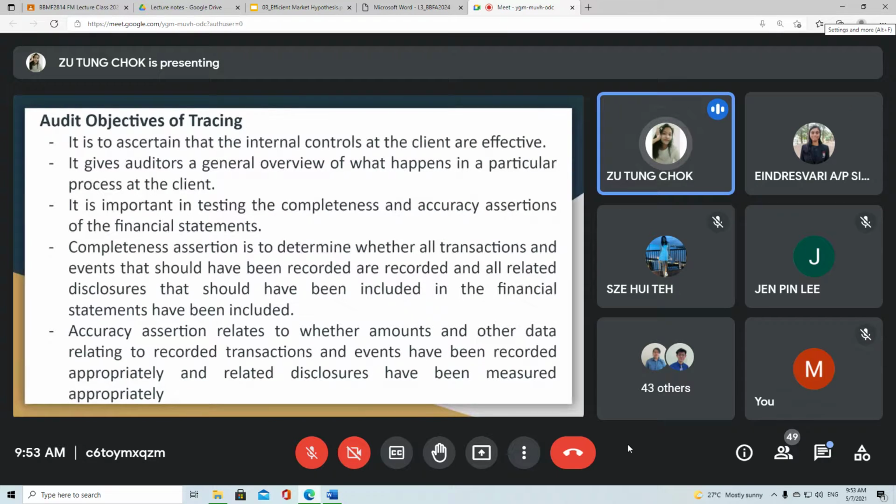Completeness assertion is to determine whether all transactions and events that should be recorded are recorded. I'm asking for example of procedures. Remember just now I gave you example for vouching. That is example. You must learn to differentiate between example and explanation. Okay?